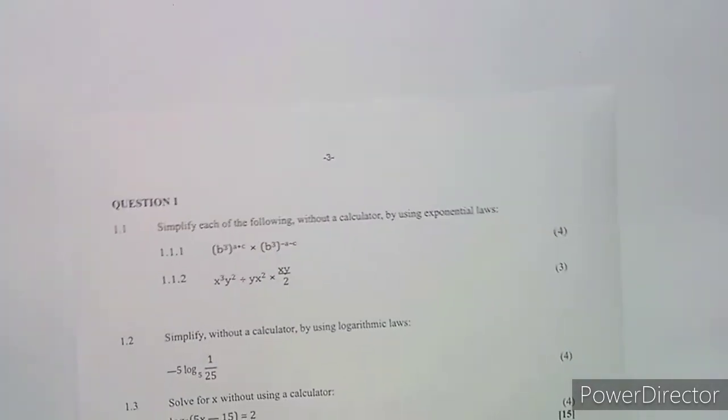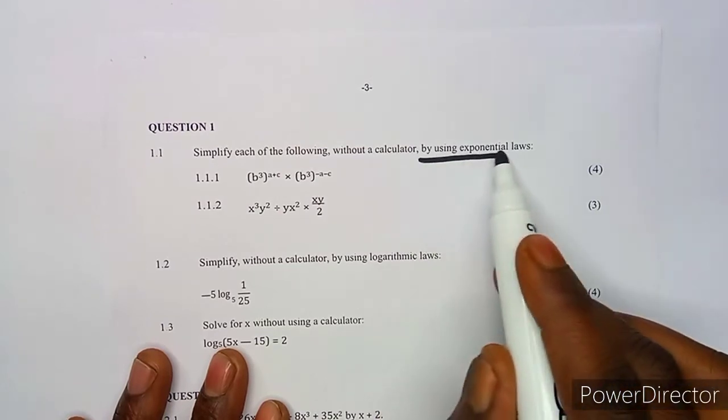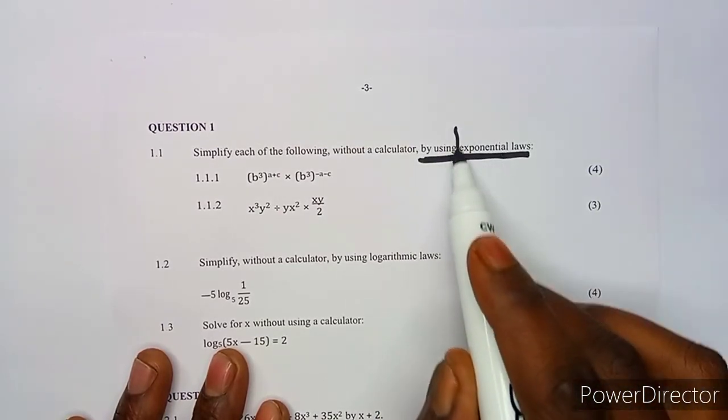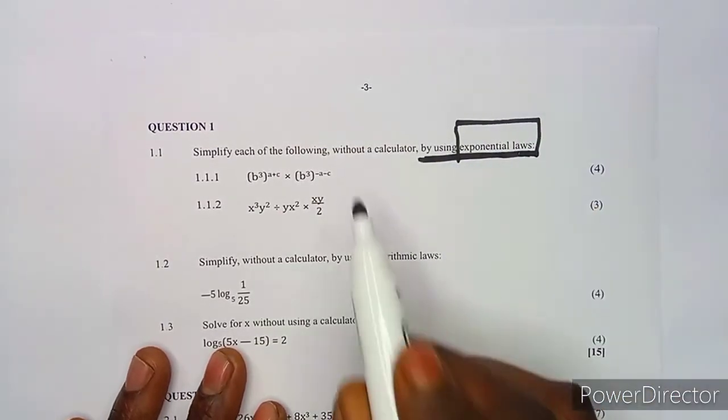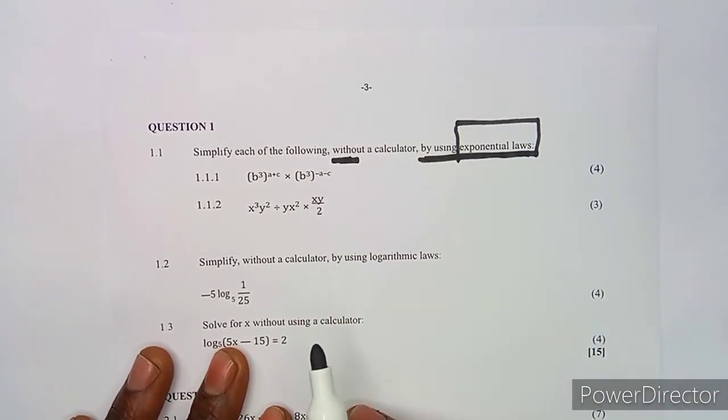Okay, so let us quickly rush through the first question that we are given in this platform. There we are given to simplify each of the following without a calculator by using exponential laws. Take note here, without a calculator, and you are using exponential laws.